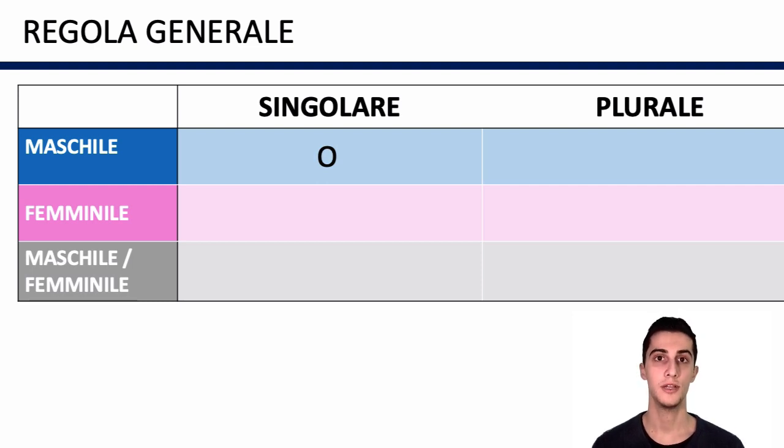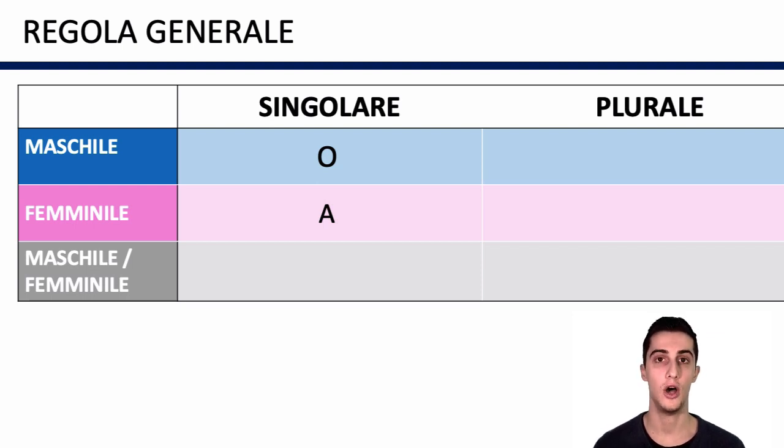Then, in the singular form, we can have nouns that end with the letter A, and those are almost always feminine. For example, la casa, the house. Casa ends with the letter A, which tells us it's feminine and it's singular.